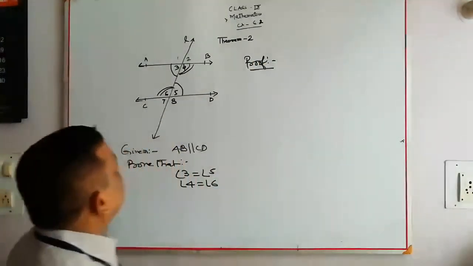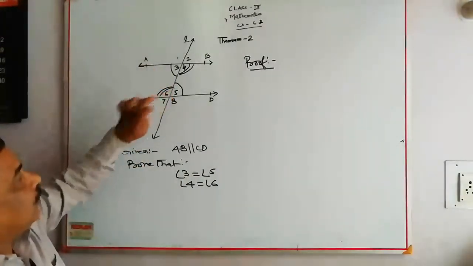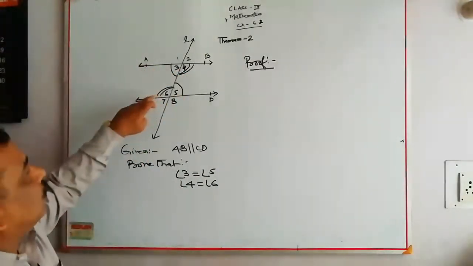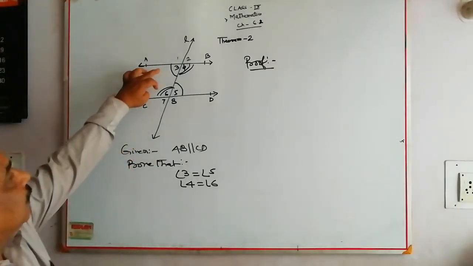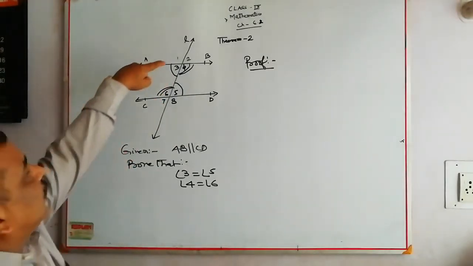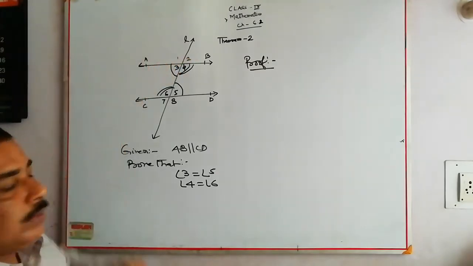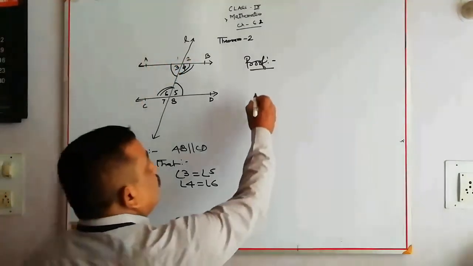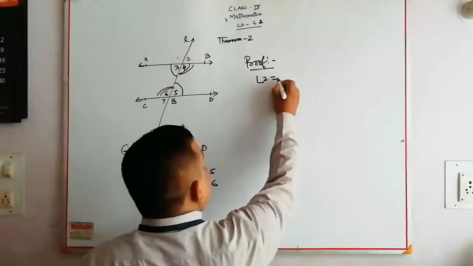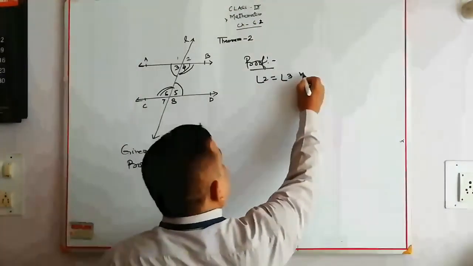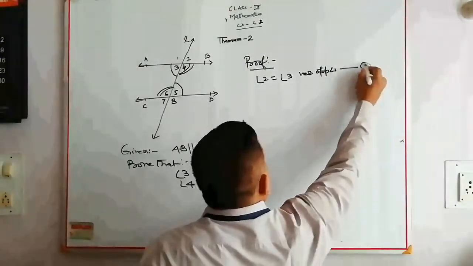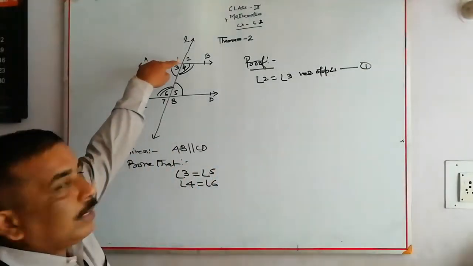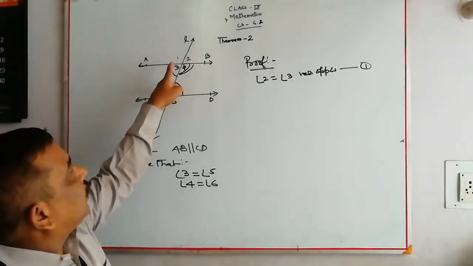How can you prove that angle 3 is equal to angle 5 and angle 4 is equal to angle 6? Firstly, angle 2 is equal to angle 3, vertically opposite angles. Two lines intersect at a point, therefore vertically opposite angles are equal.